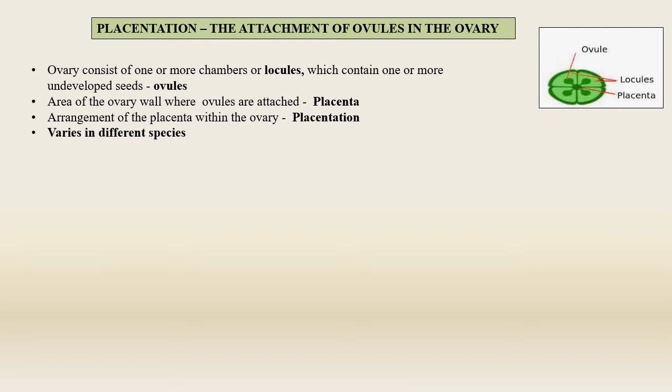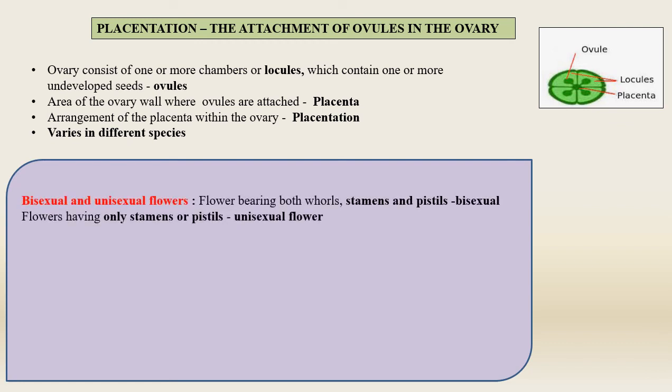Let's understand some of the basic terms used for flowers. Bisexual and unisexual flowers. A flower bearing both the essential whorls, stamens and pistils, is the bisexual flower. Sometimes a flower has only the stamens or the pistils, in which case it is referred to as a unisexual flower.